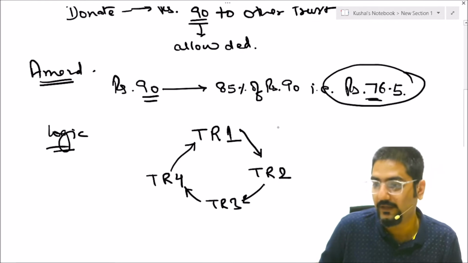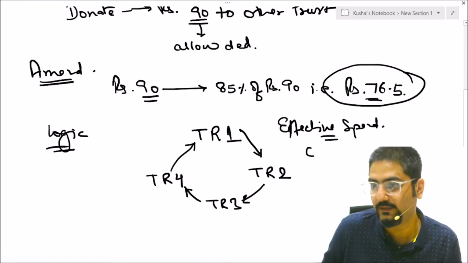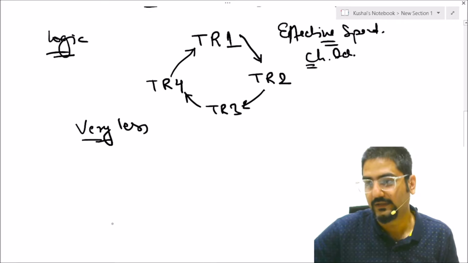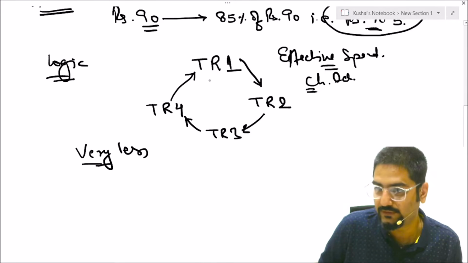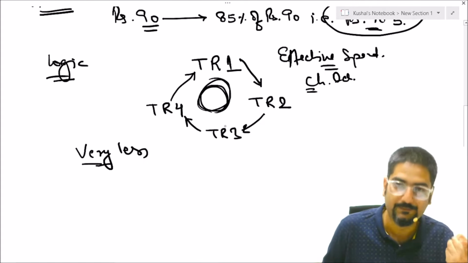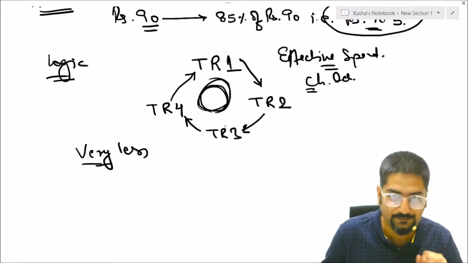So the effective spending towards charitable activity is very less in this case, because the trusts are only transferring money and the money is getting rotated among the trusts, but not actually being spent for the charitable purpose. That is the purpose for which exemption is given to these charitable trusts.